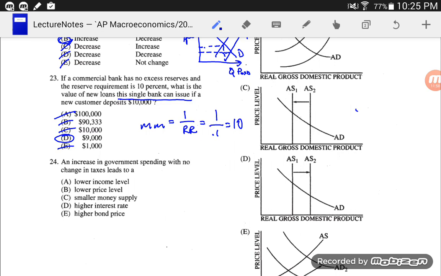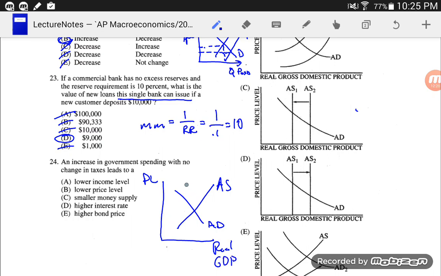Well, let's think about what would happen if we had an increase in government spending. As soon as I see that, I think aggregate demand, aggregate supply. This is price level, of course, and real GDP.